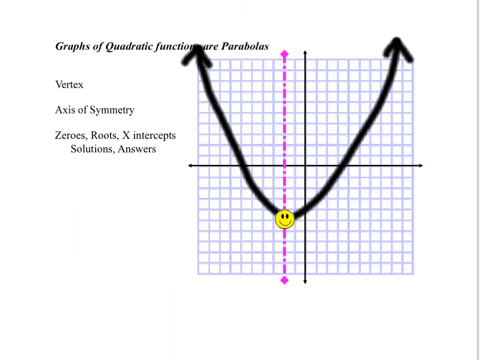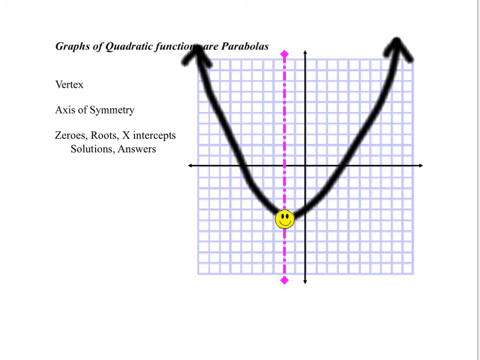When I graph a quadratic equation, I get a parabola. Its vertex is right here where the parabola turns around. That's my little smiley face. The axis of symmetry is this purple line. It chops the parabola in half, two equal mirror images, and it passes through the vertex.